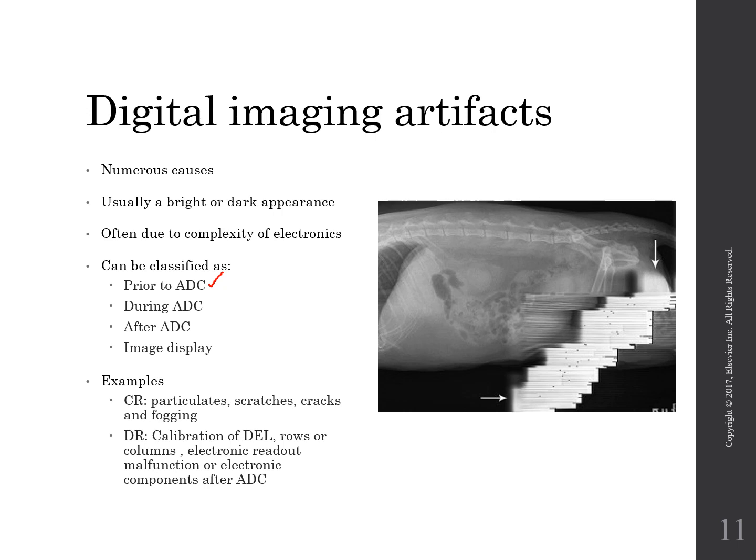If it's an indirect or a direct digital, then you could have an error in calibration of the detective element within the pixel. You could have maybe an issue in your TFT with the transistors not functioning or not timing the release of data from the capacitors. Those could cause some issues. Both of those would definitely be examples of issues prior to the ADC.